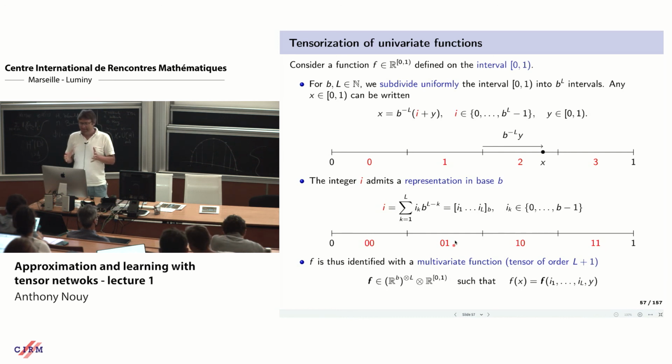Because clearly there are applications where, and you could play with the libraries today if you are interested, try to see the effect of this b, and you will see that it is not clear at all which b you should choose for a particular function. Okay. We can discuss this further tomorrow with those who are interested in playing with this tensorization technique. I could show you what to do with the library.